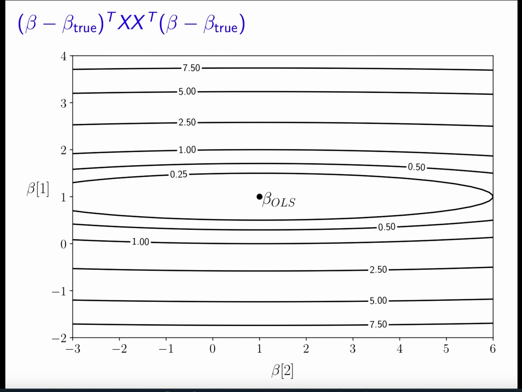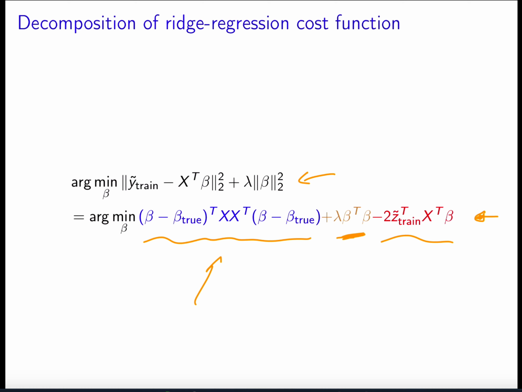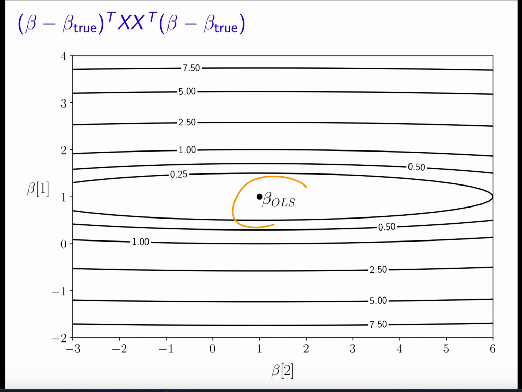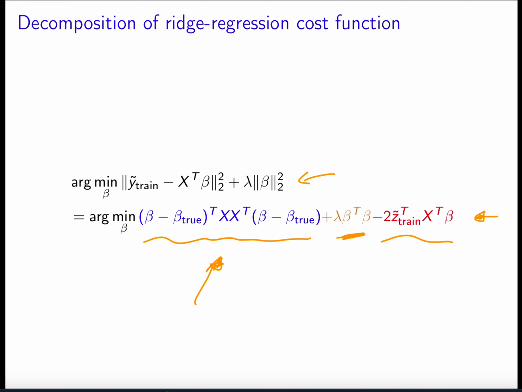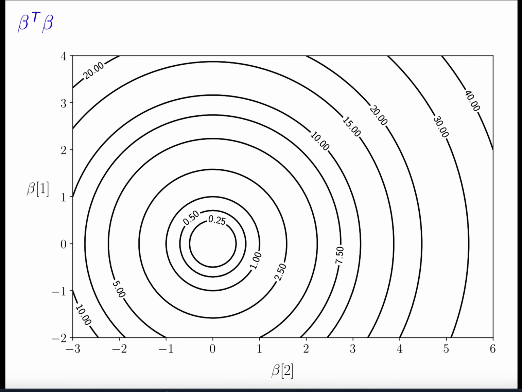If you remember, this term here is just a quadratic with beta true at the center. So if we only had this term, we would achieve perfect estimation because we would have a quadratic that has its minimum exactly at the truth, at beta true, okay? Now this other term that we add here is just a quadratic that is centered at 0, okay? It's beta transpose beta. The contour lines here are just spheres around the center.